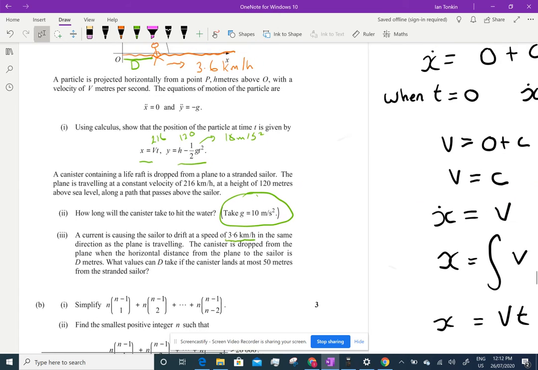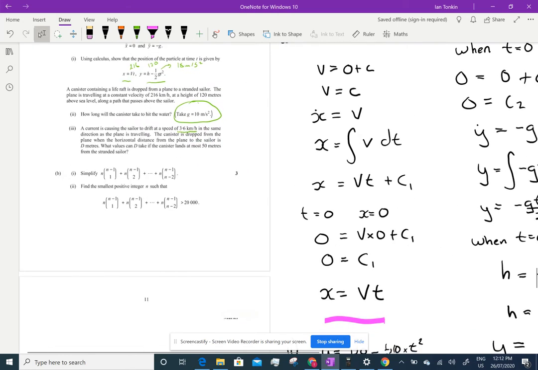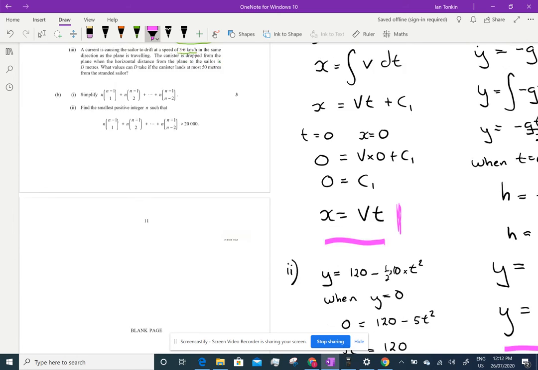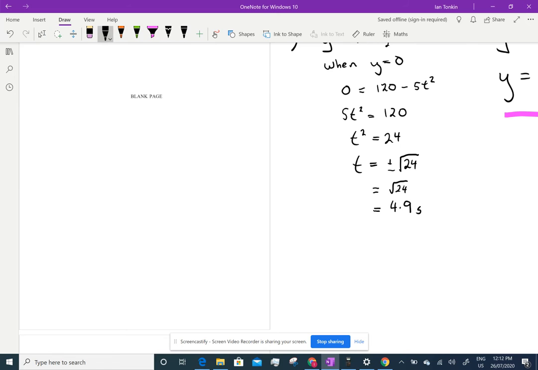Okay, so what we're going to have to do, we're going to have to use this down here, this one. But we're going to have to do some conversions first. Now the velocity of the plane is 216 kilometers an hour. Now we have to convert that to meters per second.